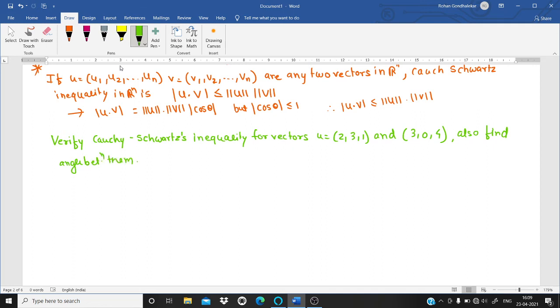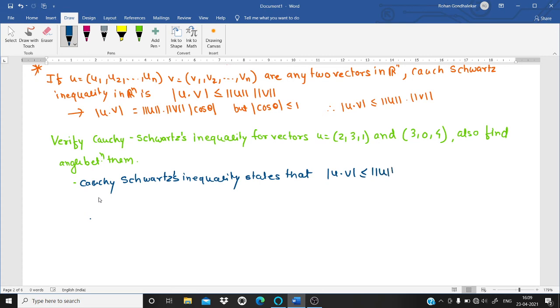First we need to write the statement of the Cauchy-Schwarz inequality. It states that if u and v are vectors, then modulus of u dot v is less than or equal to norm u into norm v.